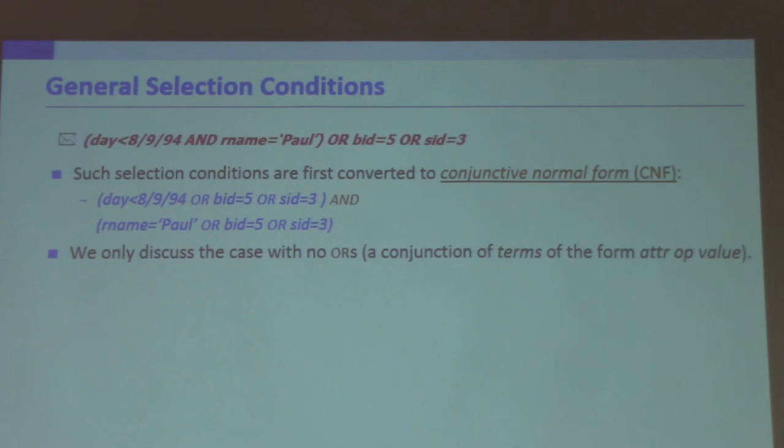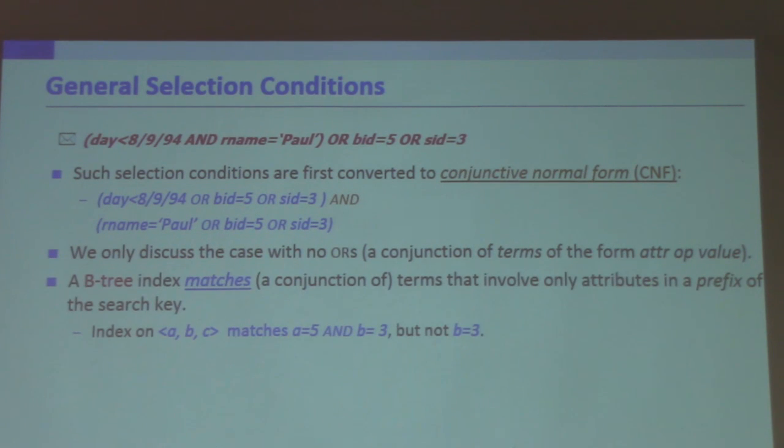Now, I've got to simplify this discussion further, meaning I'm talking about a special form of conjunctive normal form, where each term has no OR operators. Meaning each term is a single expression by itself, without an OR with multiple logical expressions. Okay, so that's a simplified version of conjunctive normal form.